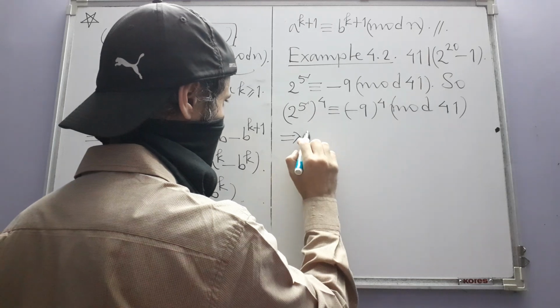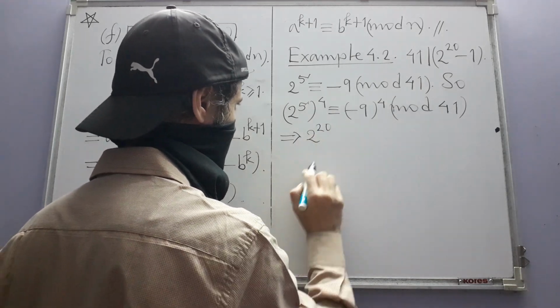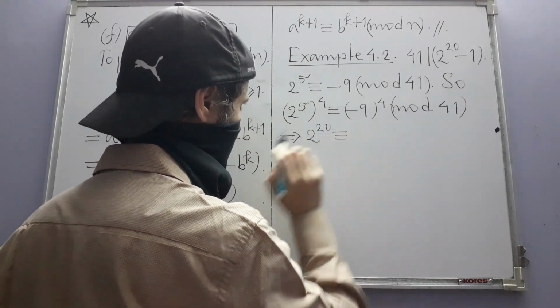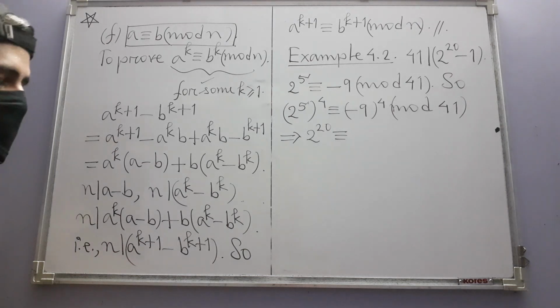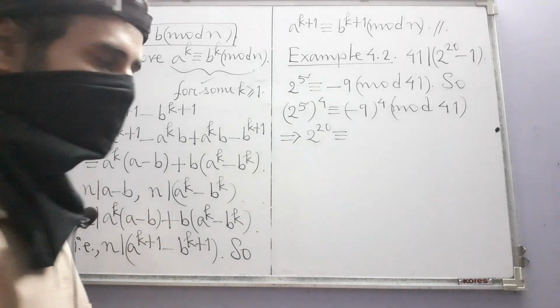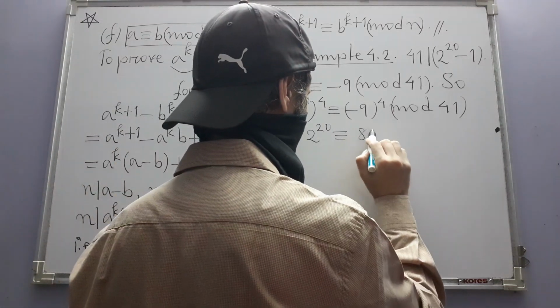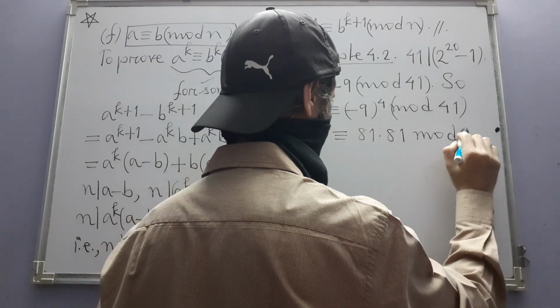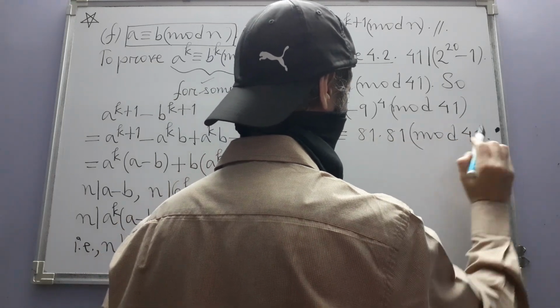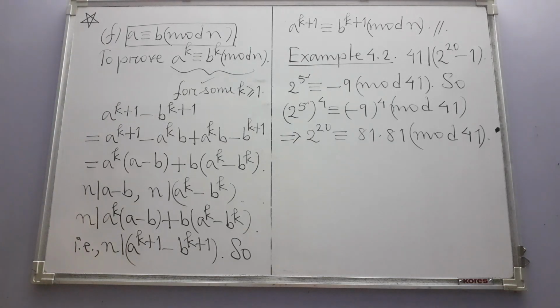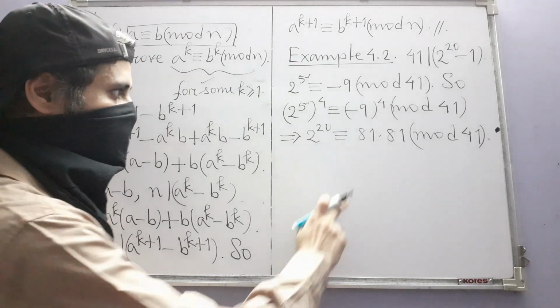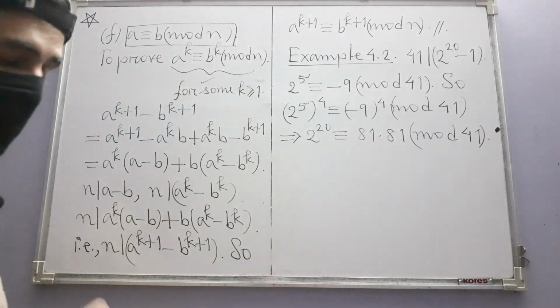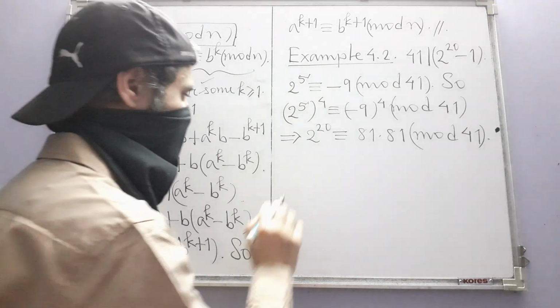So that this becomes just 2 to the power 20, whereas this one is minus 9 square times minus 9 square, or 81 times 81 mod 41. Now the nice thing here is that you do not even have to multiply these two things and then do all the calculations.